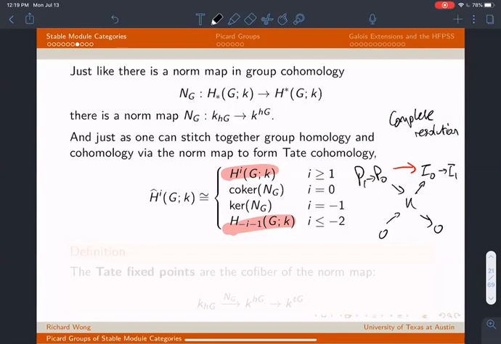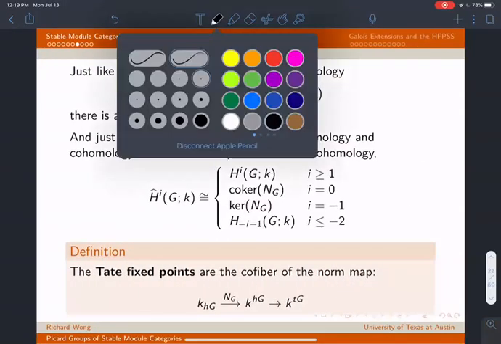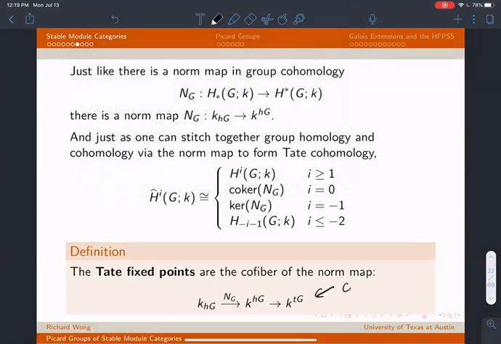So you can stitch things together in cohomology and in Tate cohomology. And you can also do a similar thing by taking the Tate fixed points to be the cofiber of the norm map. So this here is a cofiber sequence.